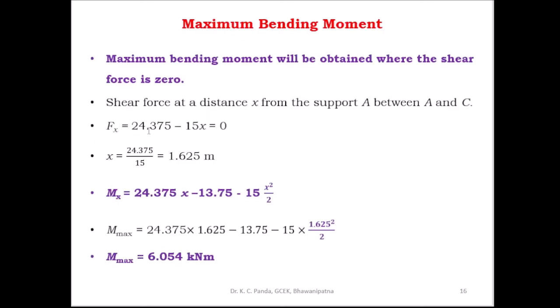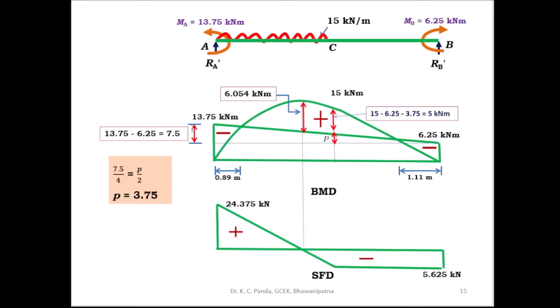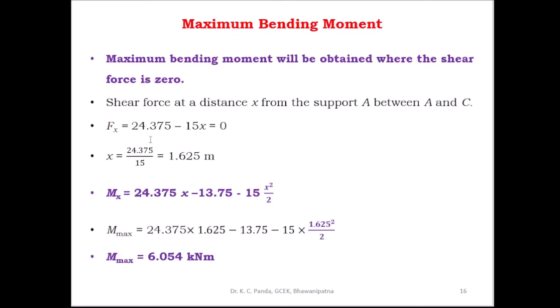So Fx is equal to 24.375 minus 15x. You have to take the shear force here: this is 24.375, and here minus 15 into x. This is UDL, and for the distance x, the total downward force is equal to 15 into x. So 24.375 minus 15x is equal to 0.